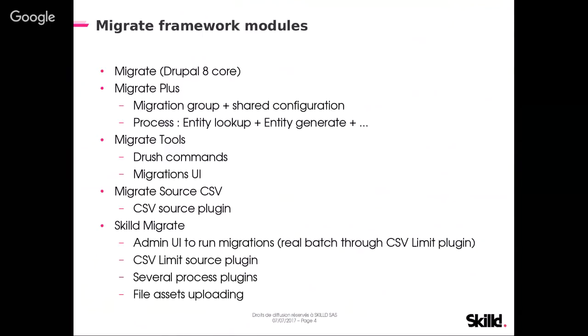The 2 most important features are logging for failed imports, so you can see messages on why your import was failing, and rollback, so you can import content, see that something went wrong, roll it back, basically delete it all, and run the import once again.